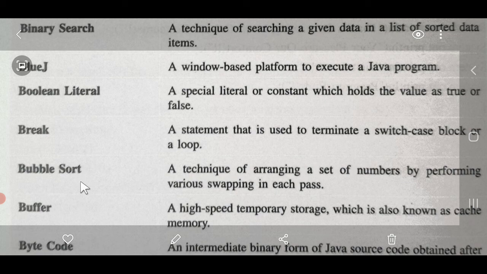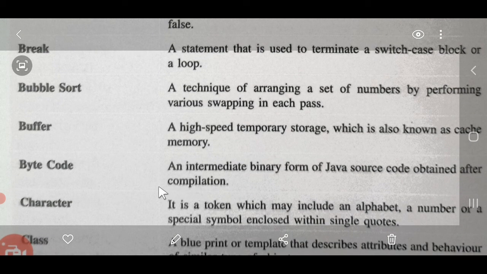Bubble sort: a technique for arranging a set of numbers, or any type of data. Why only numbers? It arranges the data by performing various comparisons and swapping, where the comparison of an element is done with its next element, and swapping is done depending upon the condition. Buffer is a high speed temporary storage area in the computer memory.